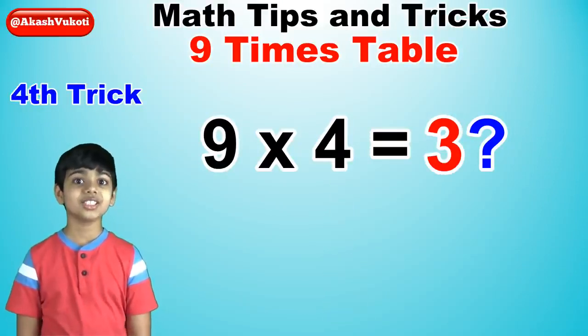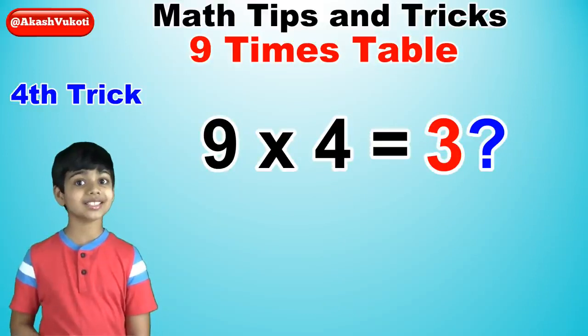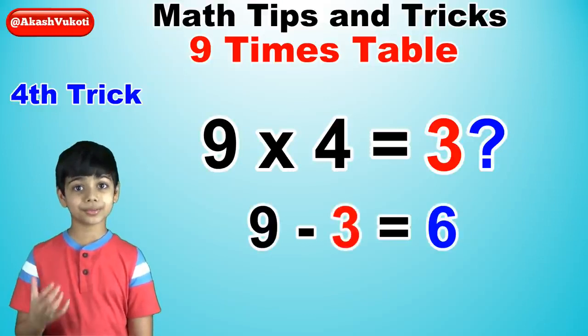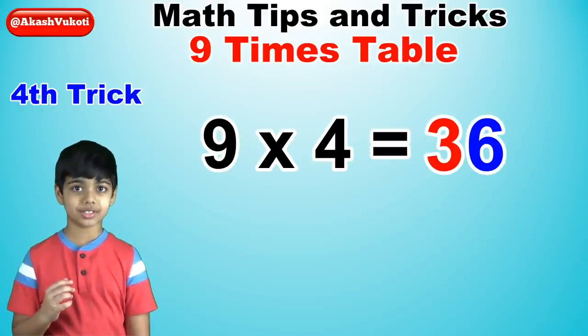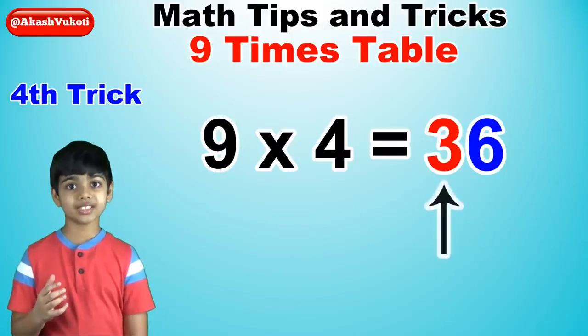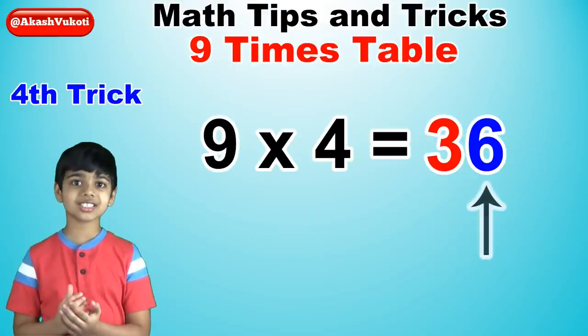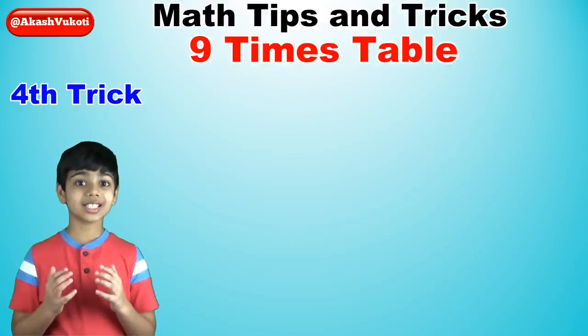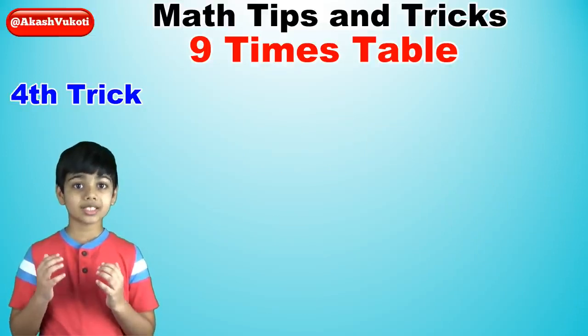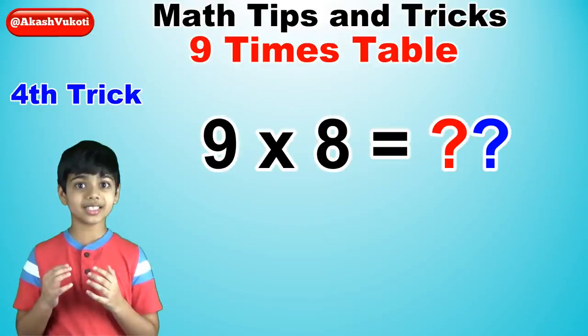The last digit is found by subtracting this number from 9. So 9 minus 3 is 6. 6 is the last digit. So 3 is the first digit, 6 is the last digit. The answer is 36. Let's take another example. Say 9 times 8.